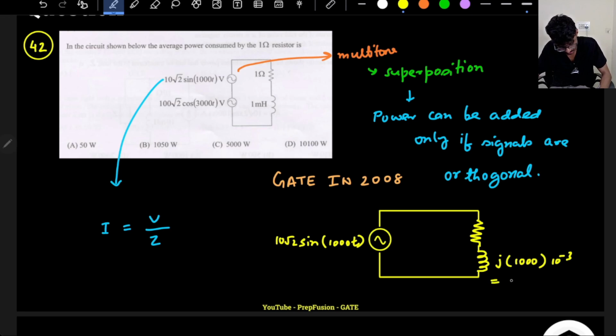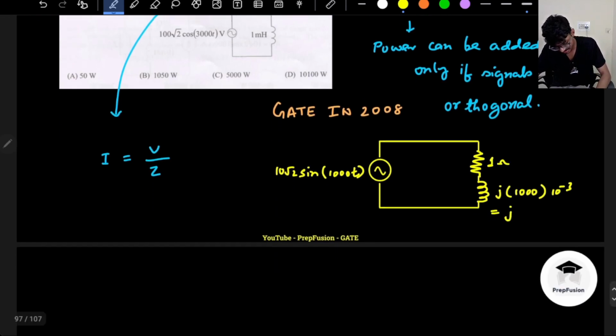So basically it is J only. And R is 1 ohm. So what is the impedance in this case?